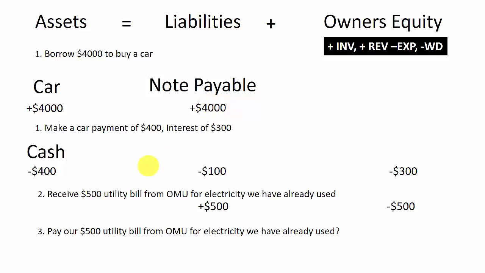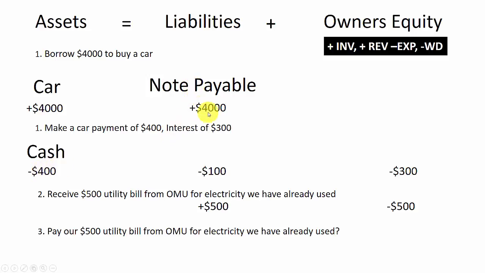Now, let's make a car payment of $400. And let's say that in the real world, most of that $400 is going to be interest. Let's just say $300. So if that's the case, of the $400 car payment, $300 of it is interest. So here's what happens. Assets under cash will go down $400, because that's what we're making the payment for.